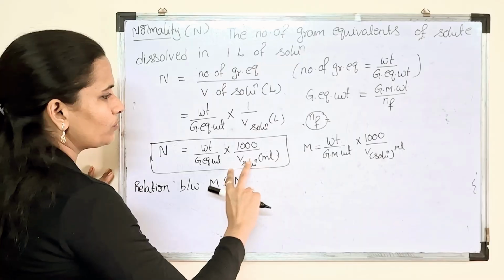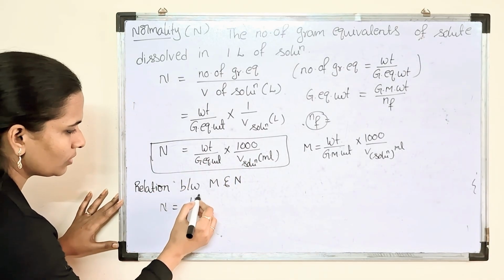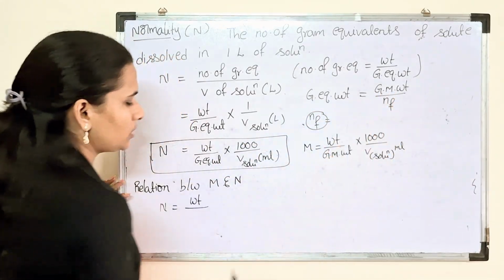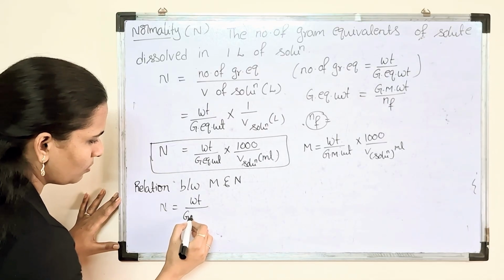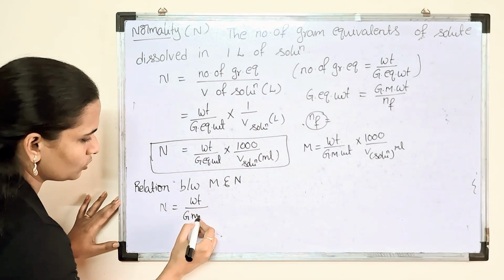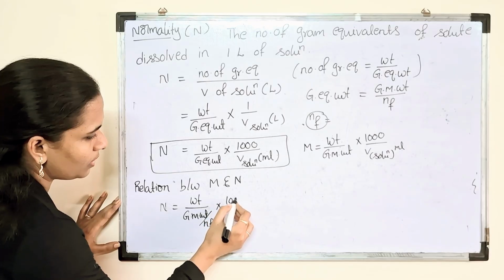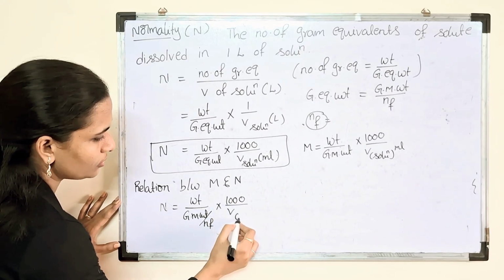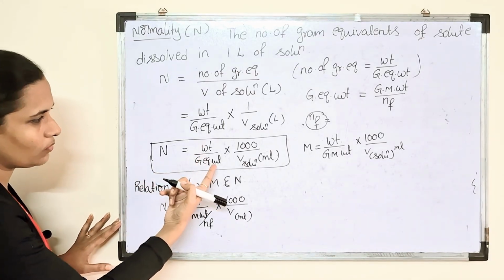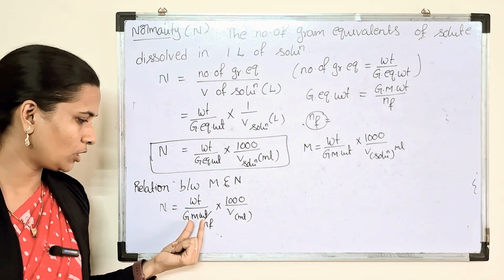So what is the relationship between molarity and normality? Normality is equal to weight by gram equivalent weight into 1000 by volume of the solution. Here, the gram equivalent weight can be written as gram molecular weight by n factor.